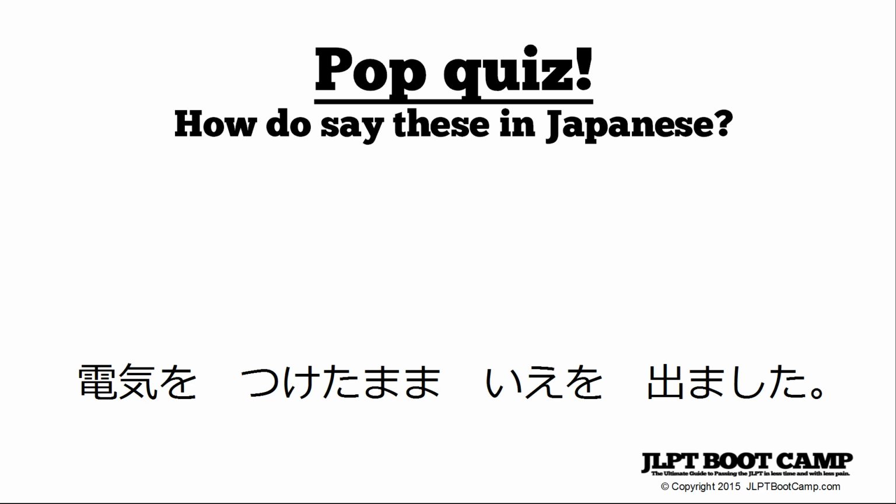You might be a little confused here. I should say O is usually the object marking particle, but in this sense it's used in a specialized way to mean that you're moving through something, and the action isn't taking place in that area per se.